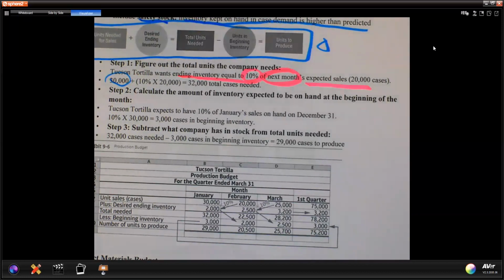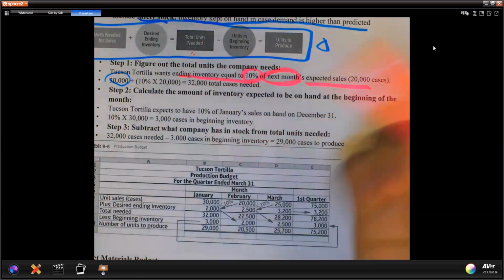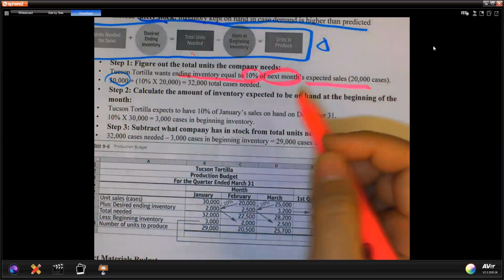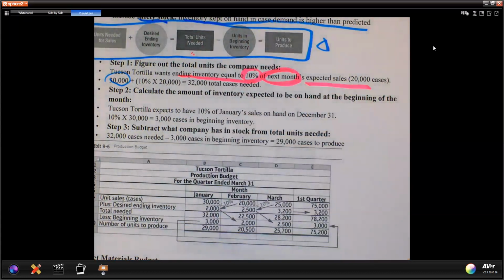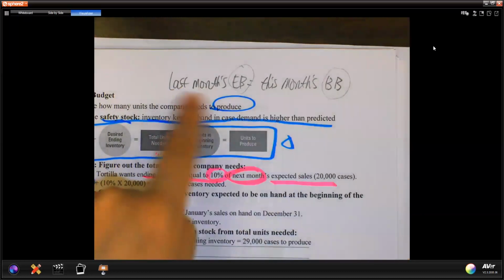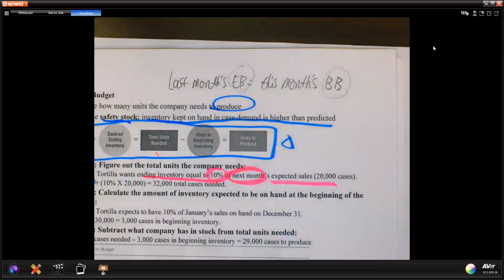This is our first step. We got how many units we need, but we still have some beginning inventory. Our beginning inventory is last month's ending inventory.